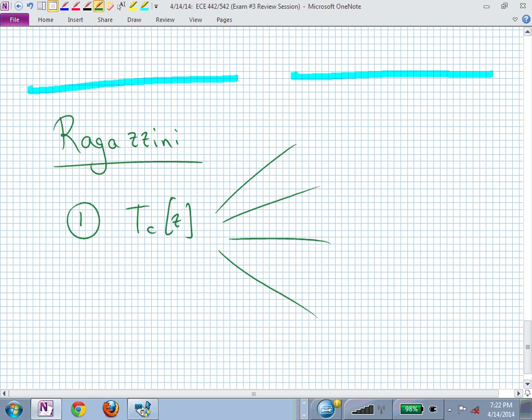T sub C of Z needs to have the same pole zero excess or more as your plant. That's the first restriction. The second restriction concerns zeros of your plant. Unstable zeros in your plant need to be preserved in T sub C of Z. T sub C of Z has to contain those same zeros.